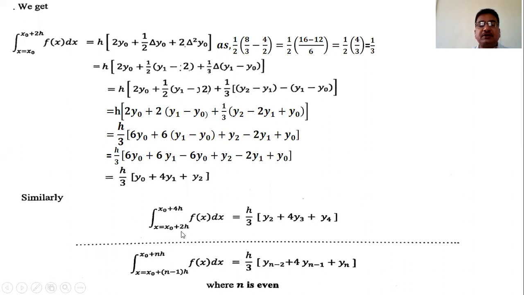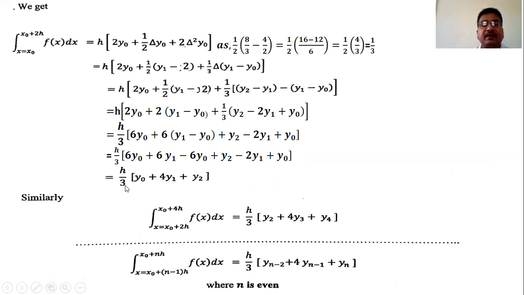So by a similar rule, using this general quadrature formula, we have an answer similar to this: h by 3, instead of y naught, write y2 plus 4y3 plus y4.